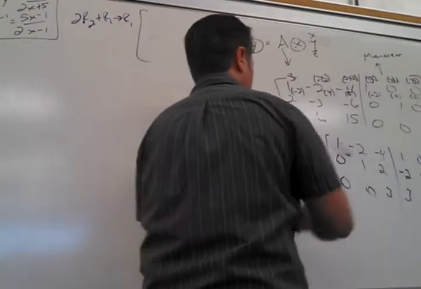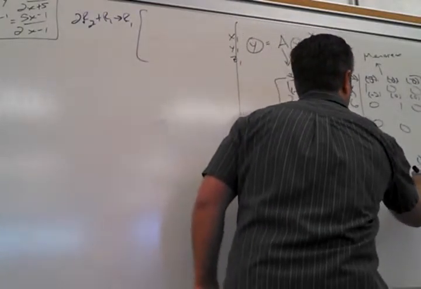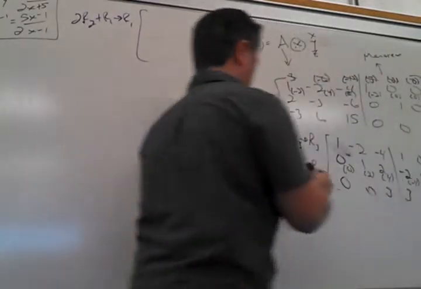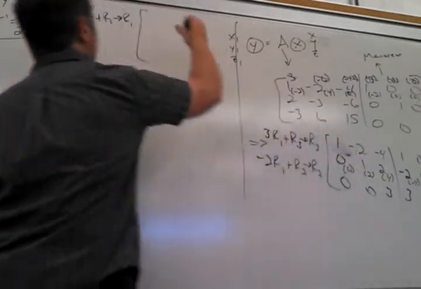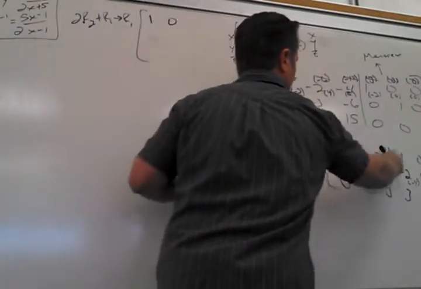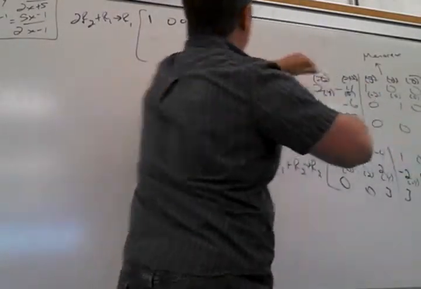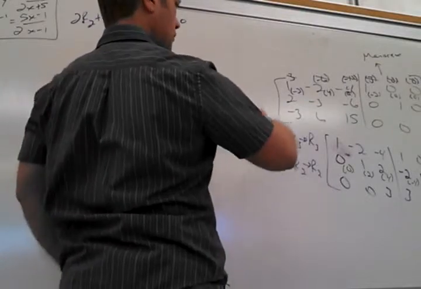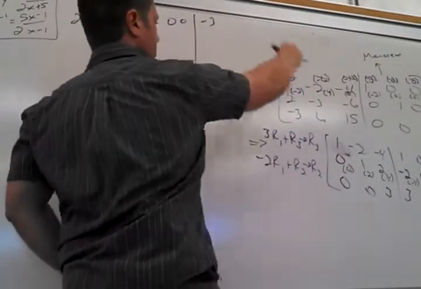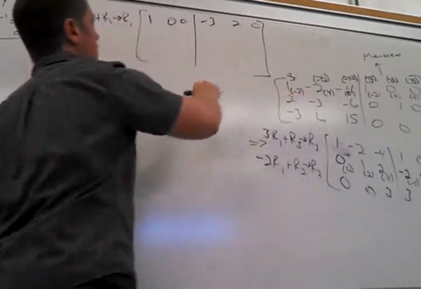So here I get twice this guy, which is kind of nice. So I get 1, 0, 0, and negative 3, 2, 0.